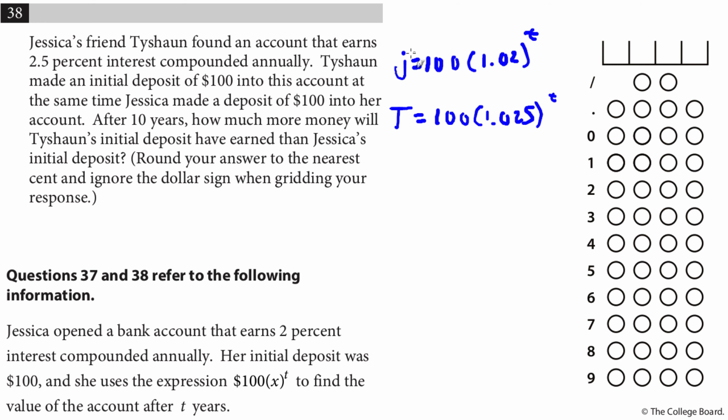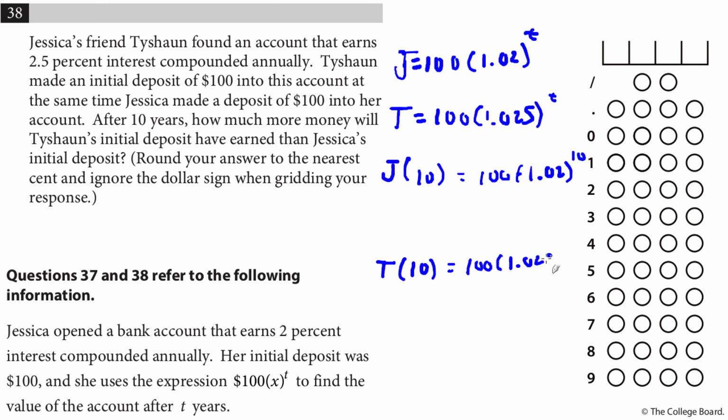And I want to find out what Jessica's account balance will be after 10 years. I want to find out what Tyshawn's account value will be after 10 years. So that's basically just 100 times 1.02 to the 10th, or 100 times 1.025 to the 10th.